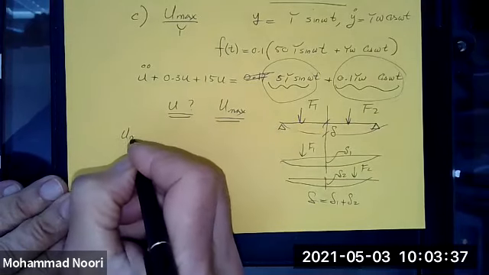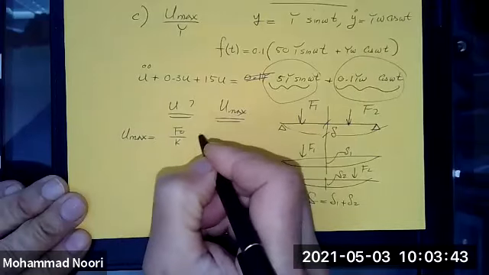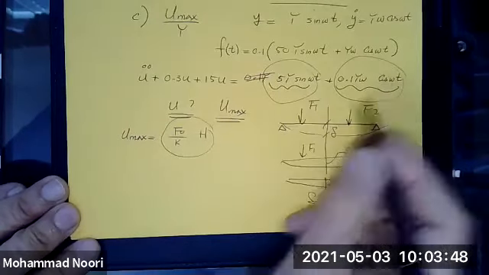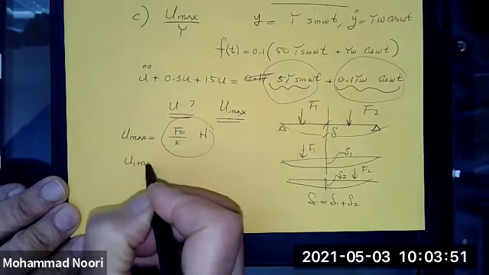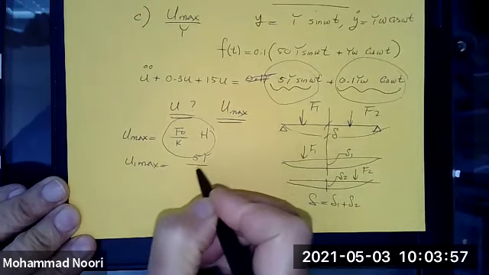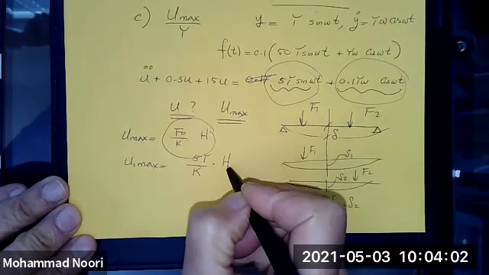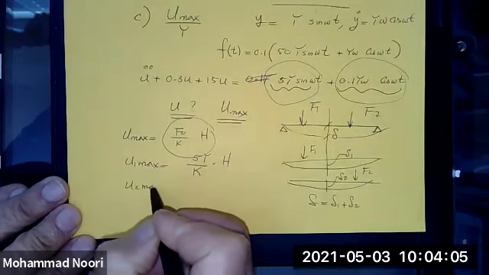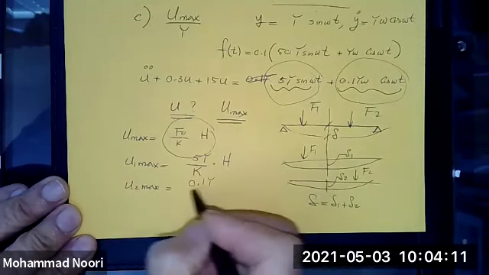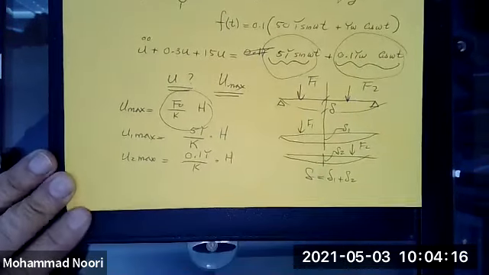So if I want to find U max, which is F0 over K times H, I need to do this for both of these. So U1 max would be 5y divided by K, right, times H. U2 max would be 0.1y divided by K times H. Okay?